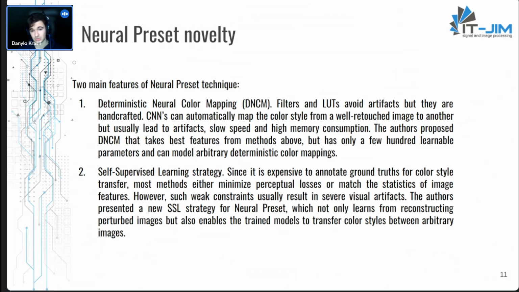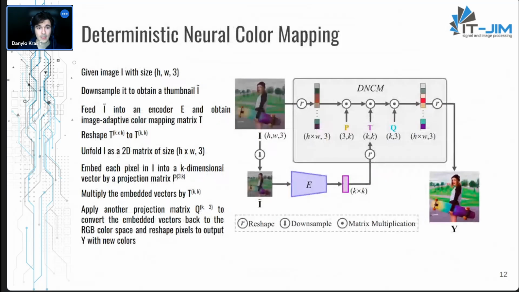However, such weak constraints usually result in severe visual artifacts. And the authors presented a new SSL strategy for Neural Preset, which not only learns from reconstructing perturbed images, but also enables the trained models to transfer color styles between arbitrary images.